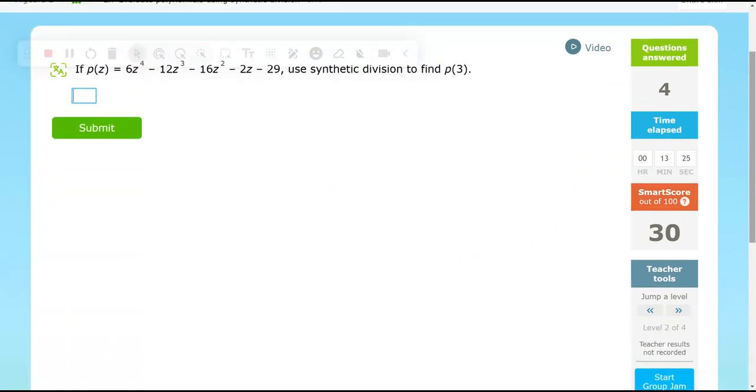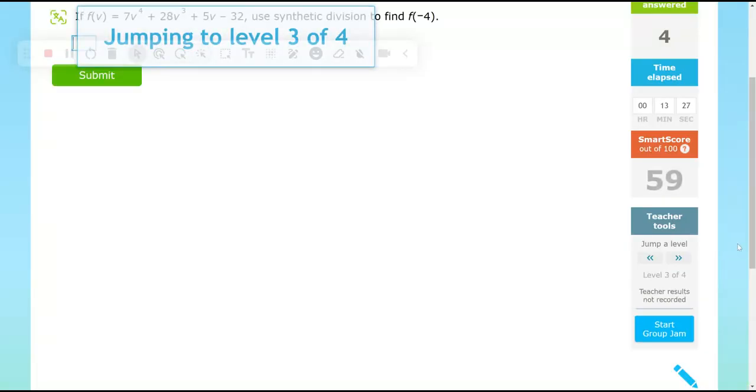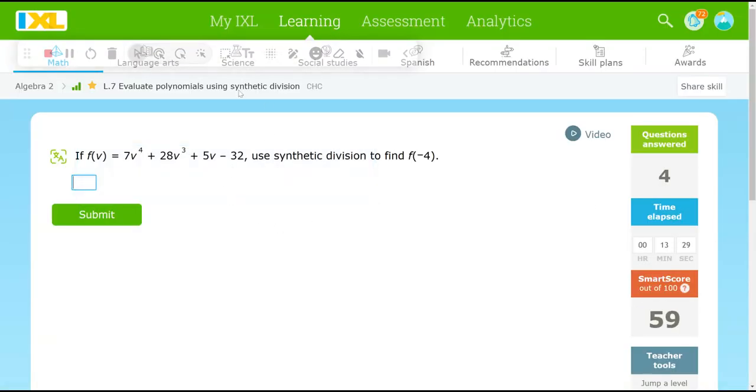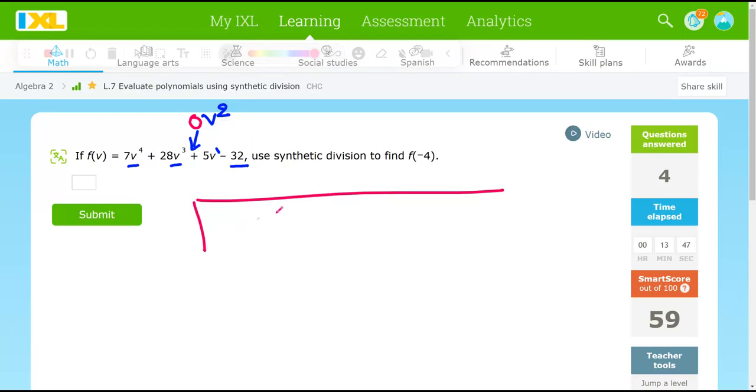Now let's do the next level, which is level 3. Okay, so check out the missing term. So v to the 4th, v to the third, and v to the 1, and then constant. So you're missing the v squared, okay? So if you're missing this term v squared, the coefficient has to be 0, okay? So now draw the little line over here.